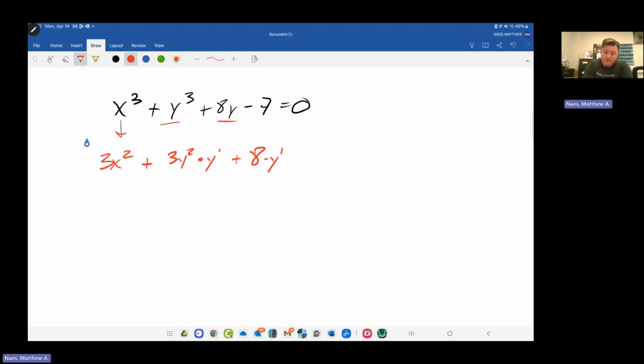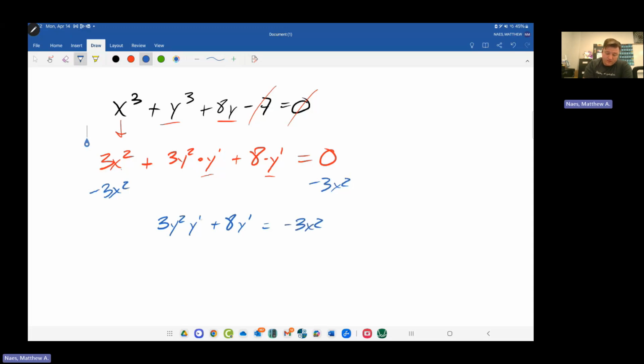Anytime I take the derivative of y, I'm going to include a y prime. Now, the derivative of a constant is 0, so that's gone. Now I need y prime by itself, so first I'm going to subtract 3x squared over. So 3y squared y prime plus 8y prime equals negative 3x squared.